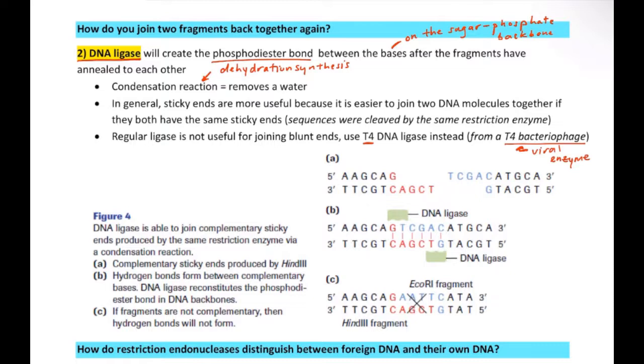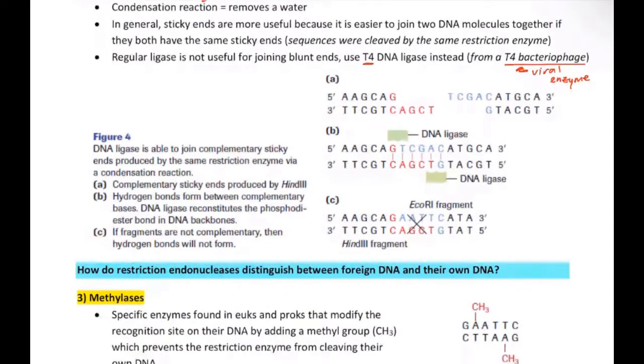Okay. So here again is a picture of a sticky end being shown here. We got the DNA ligase coming along now, and instead of breaking bonds, we've got these little hydrogen bonds here that have already begun to form between the sticky ones. So we have our H bonds in between here.